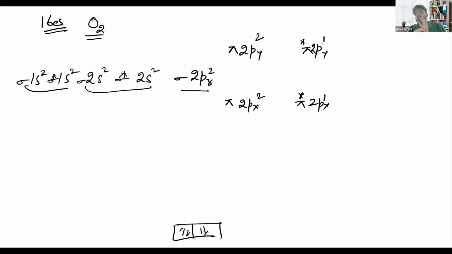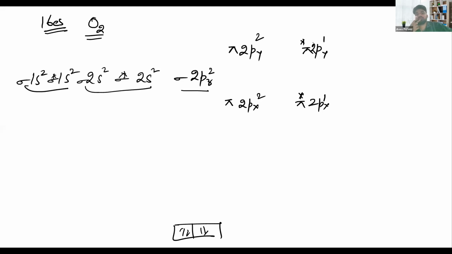Here you will see that there are unpaired electrons in the antibonding molecular orbitals. If unpaired electrons are present, it is paramagnetic in nature. You understood?